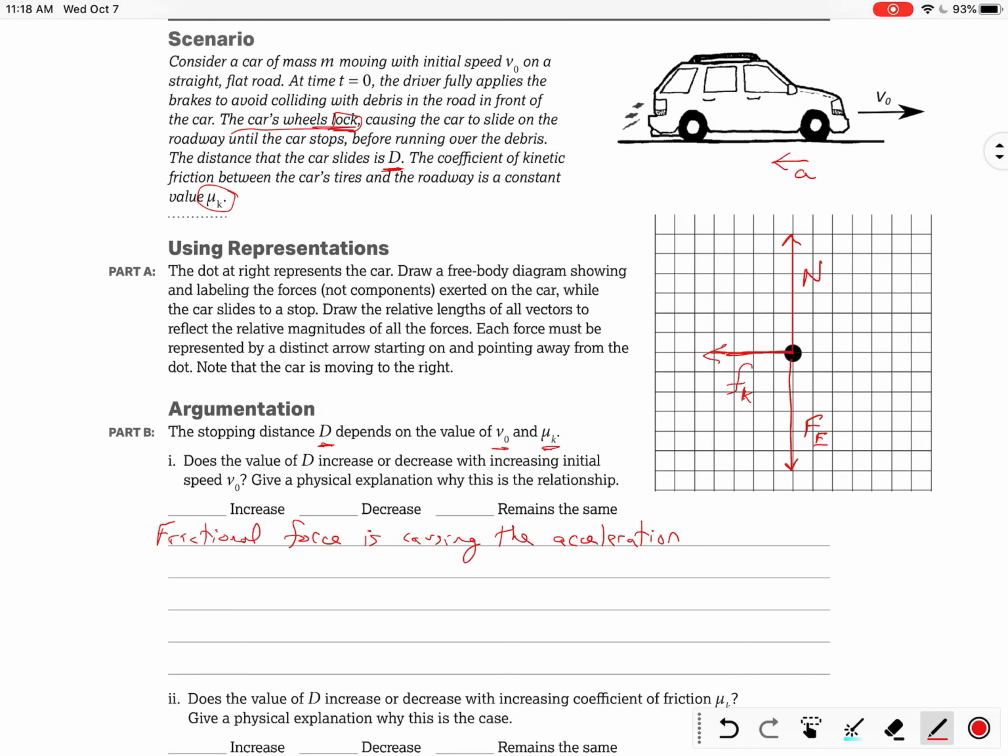And so let's now start to state some things that are always true. F sub k does not change with speed. Remember that kinetic friction is the same regardless of what speed you are traveling at. So it doesn't really have any relationship to v sub 0.